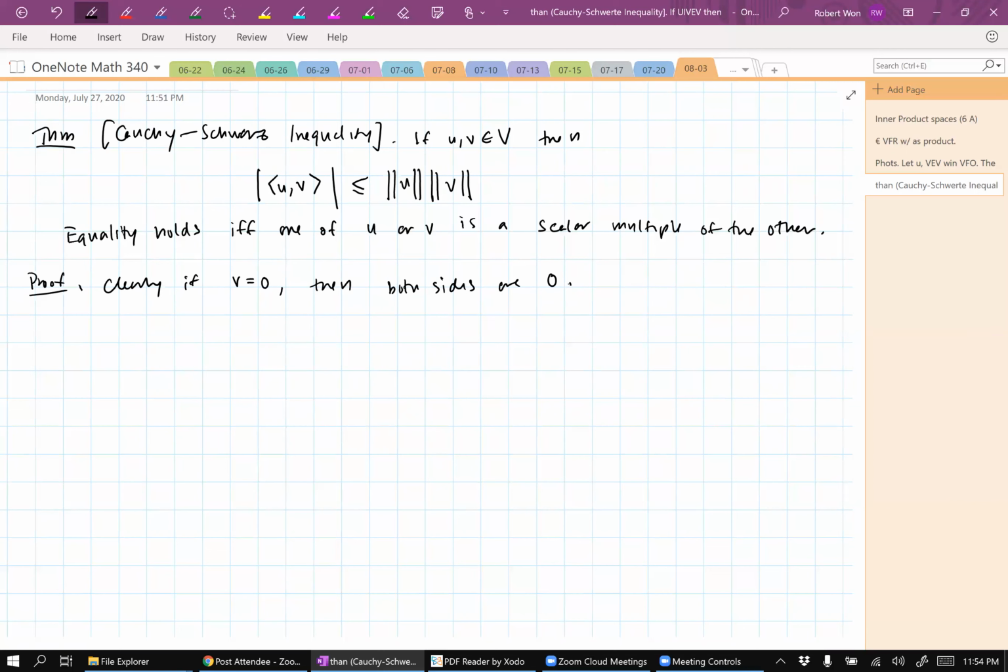So in that case, the inequality is true, and also v is a scalar multiple of u, which is part of the claim. Since we have equality here, it must be that one of them is a scalar multiple of the other. Okay, so we're okay if v is 0, so let's suppose that v is non-zero.